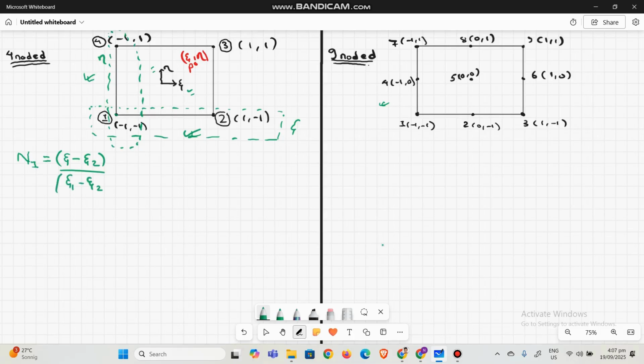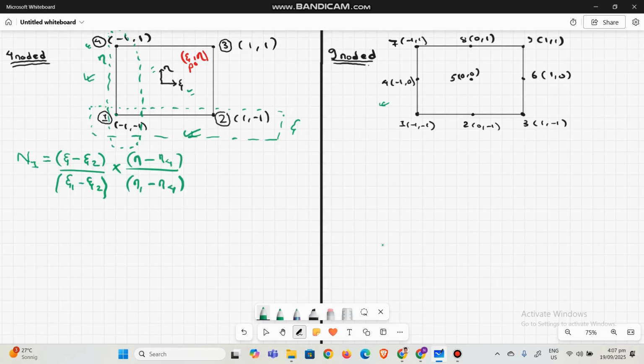But this is not it, we have the eta direction as well. Along the eta direction we do something similar: eta minus, now instead of eta2 we use eta4 for the fourth node, so eta minus eta4, divided by eta1 minus eta4.